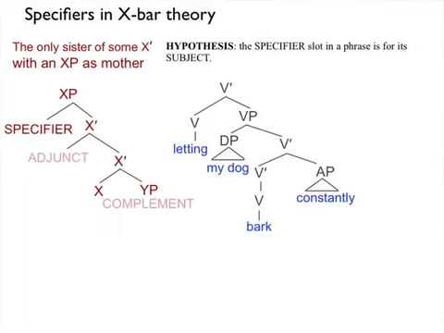Okay, so then if we look at verb phrases, let's take this one, letting my dog bark constantly. Here we would have a verb phrase, right? Like, I was letting my dog bark constantly because I just wanted to annoy the neighbors. Perfectly good sentence, right?